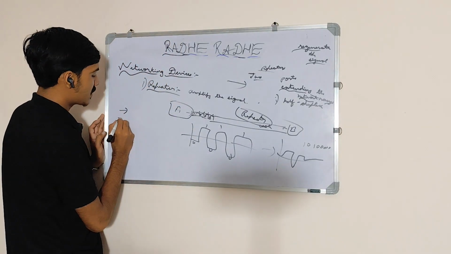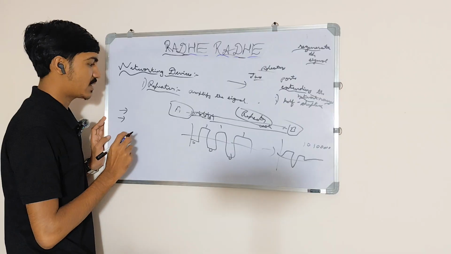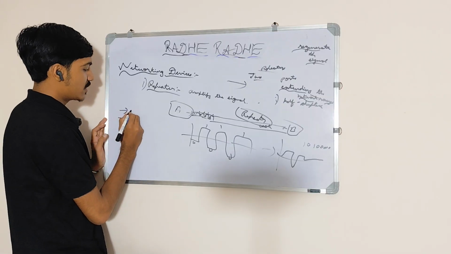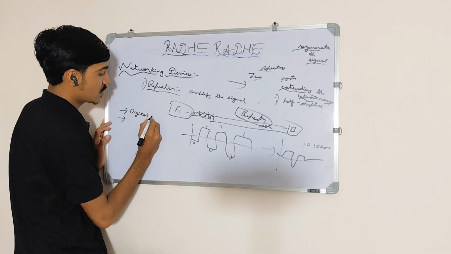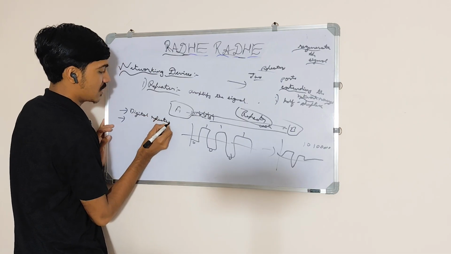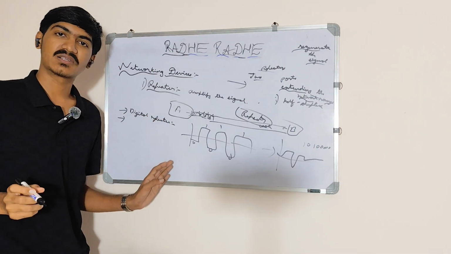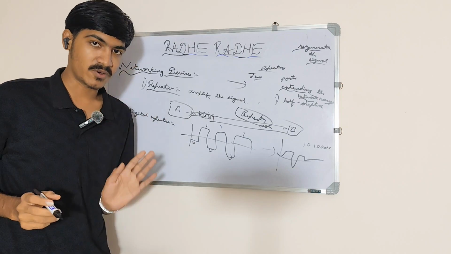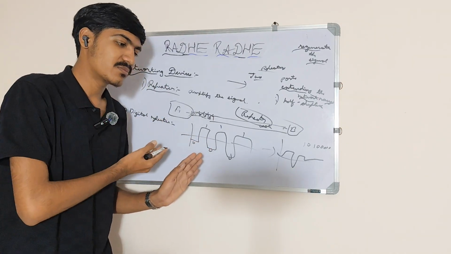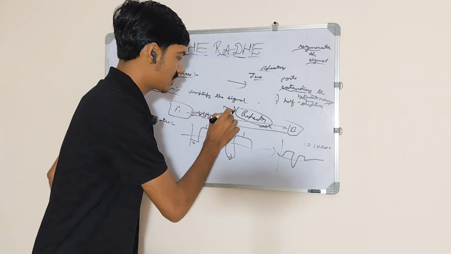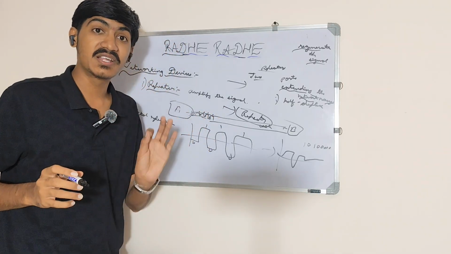Now repeaters are of multiple types. The first type is the digital repeater. A digital repeater is a device responsible for receiving weakened digital signals.